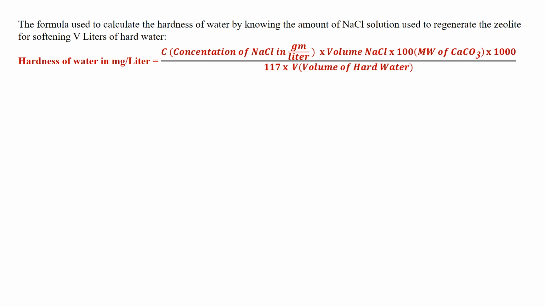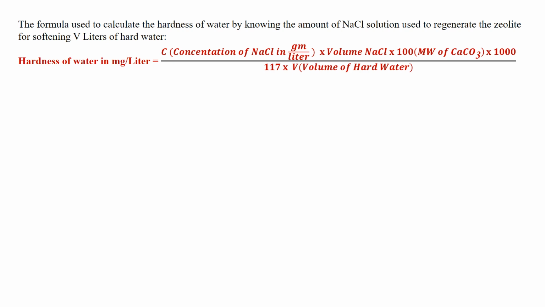Here C is the concentration of NaCl brine solution in gram per liter. This is multiplied with the volume of NaCl. When we multiply the concentration with volume, we get the amount of NaCl used to regenerate the zeolite bed. 100 is the molecular weight of calcium carbonate. It is multiplied by 1000 to get the value in milligram.